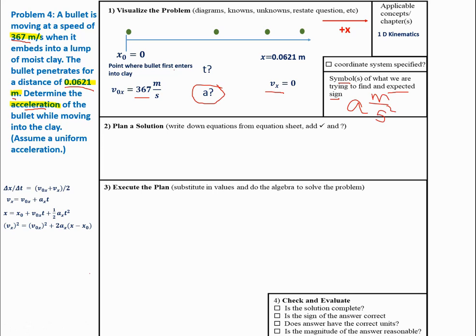However, the bullet is slowing down while moving to the right. That means acceleration must be in the opposite direction to the velocity. Our coordinate system states that right is positive, which means we should expect a negative number for the acceleration based on our coordinate system.